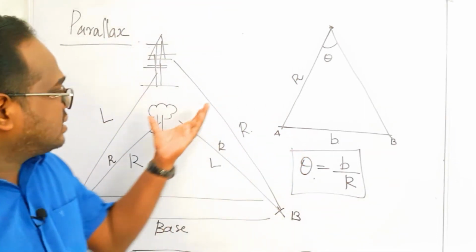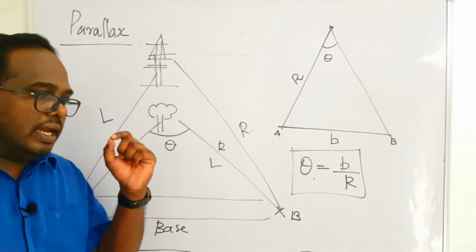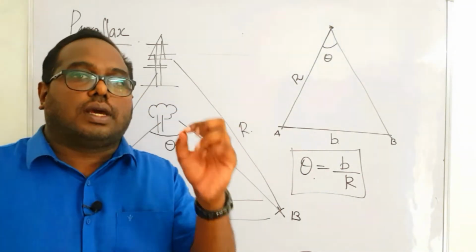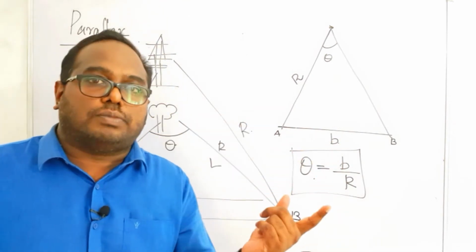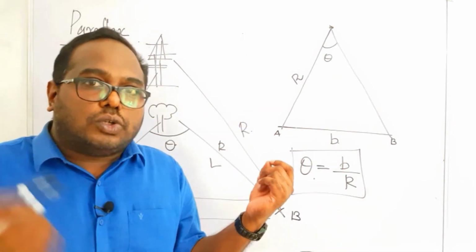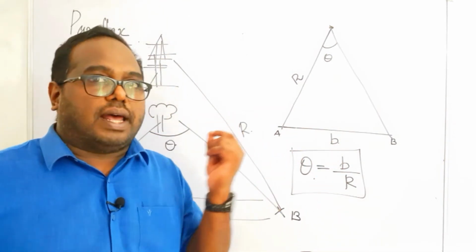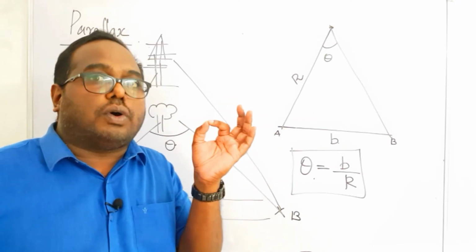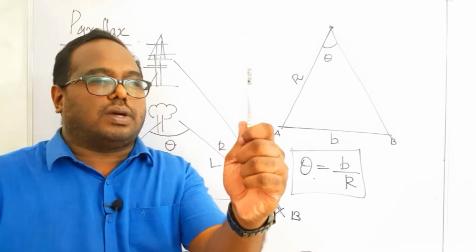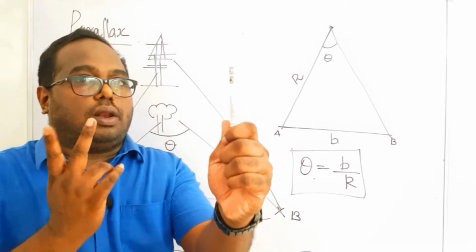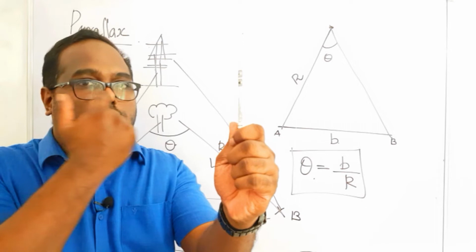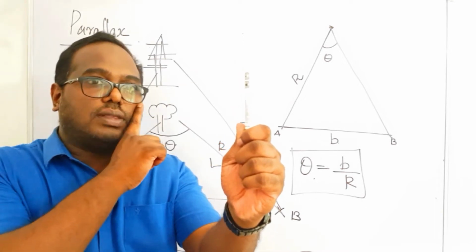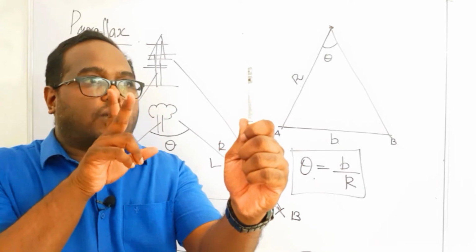Now, what is parallax? It is the apparent shift of the position of an object when it is observed from two different locations. Apparent means it is not real. Actually, the position of the object is not changing, right? You are just observing from two different locations, because there is a space between your eyes. Once you are looking with this eye and next time with this eye, your location of observation is changed.